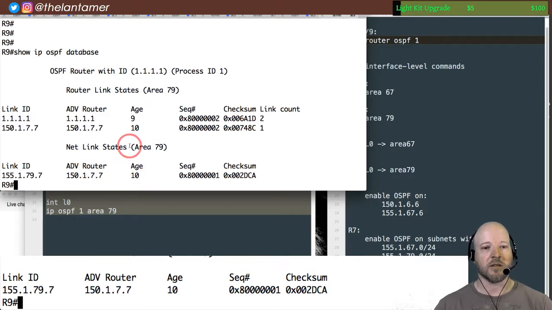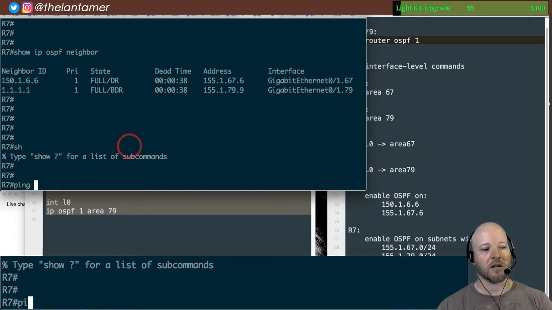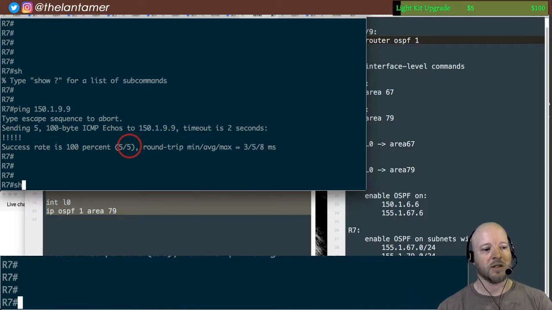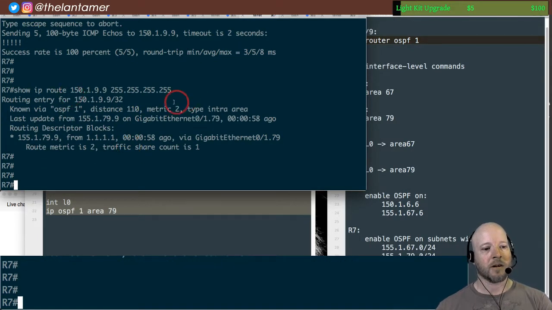for, let's see, okay, let's confirm I have reachability. Ping 150.1.9.9. I do. Show IP route 150.1.9.9. Okay, known via OSPF 1, last update via this interface.